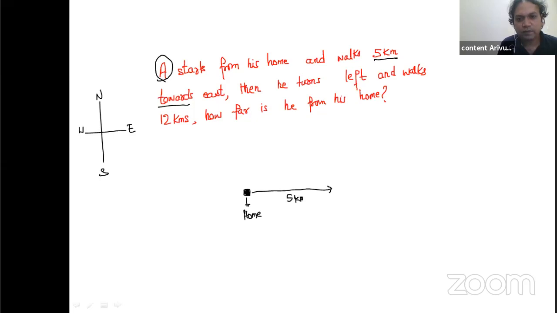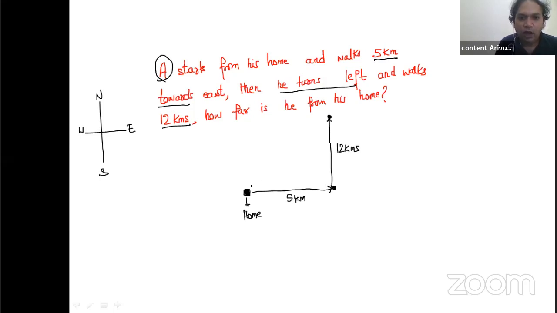Then he turns left. Now, if you're going towards east, imagine yourself going towards east, and if you turn left, you will go up. You'll go towards north, right? And you're walking 12 kilometers. So not drawn to scale, but this is how it is. He walks 12 kilometers towards north.